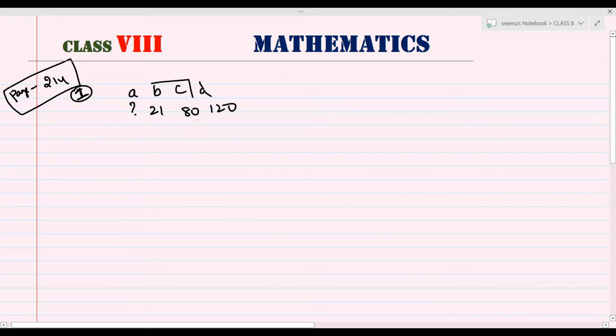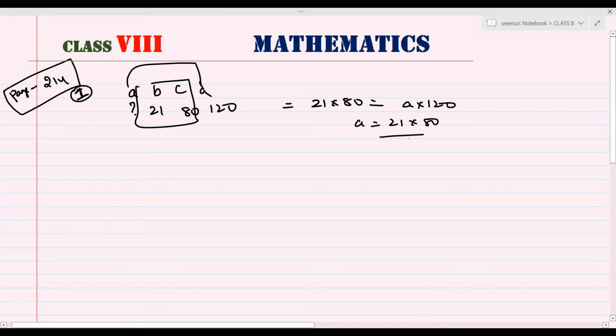So the middle two terms you multiply, the last two terms you multiply. 21 into 80 is equal to A into 120. So A is equal to 21 into 80 by 120. Let's cancel: 4 twos are 8, 4 threes are 12, and 7 twos are 14. 14 is the answer.